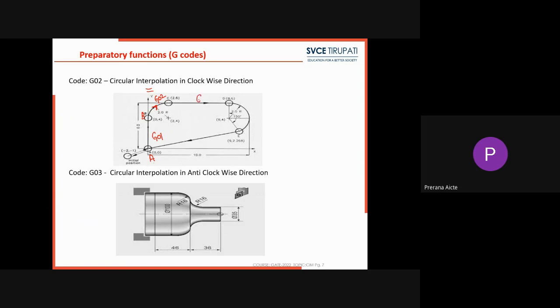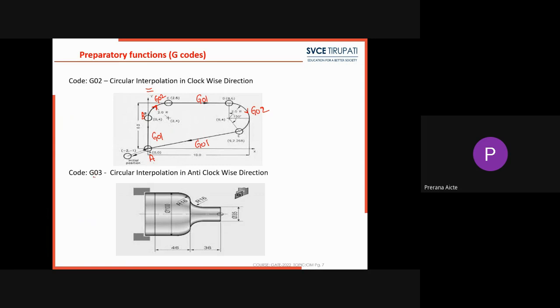Then C to D is G01, then D to E is again G02, then from E to A it is G01. So circular interpolation means G02.